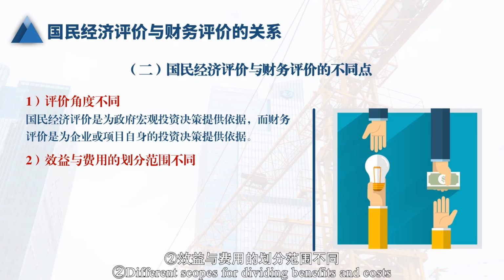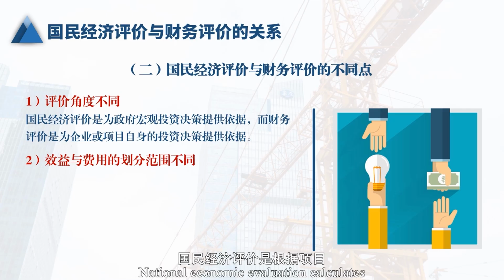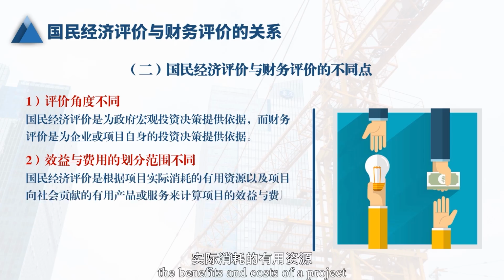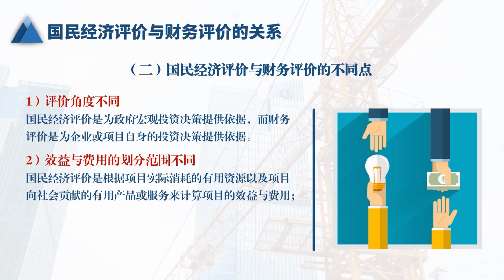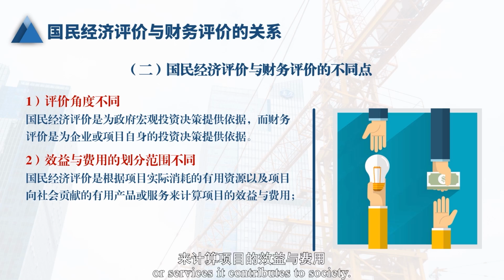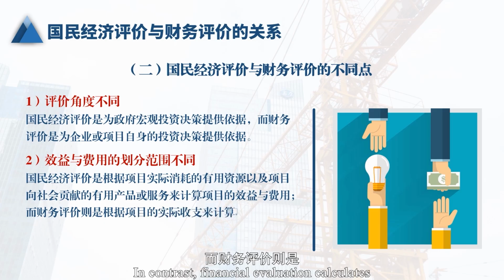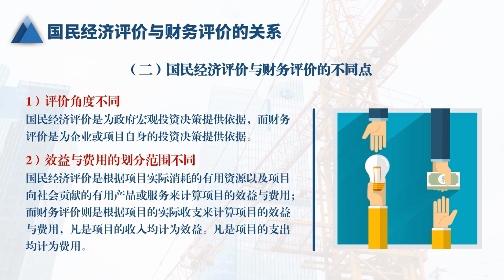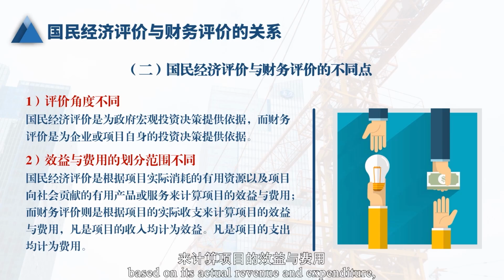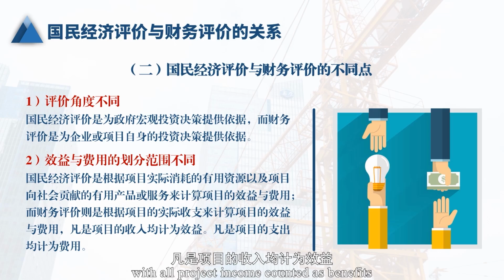Second, different scopes for dividing benefits and costs. National economic evaluation calculates the benefits and costs of a project based on the actual useful resources consumed by the project and the useful products or services it contributes to society. In contrast, financial evaluation calculates the benefits and costs of a project based on its actual revenue and expenditure, with all project income counted as benefits and all project expenditures counted as costs.